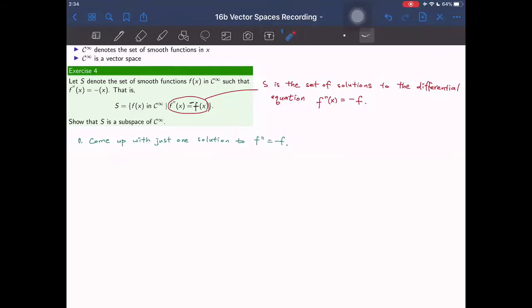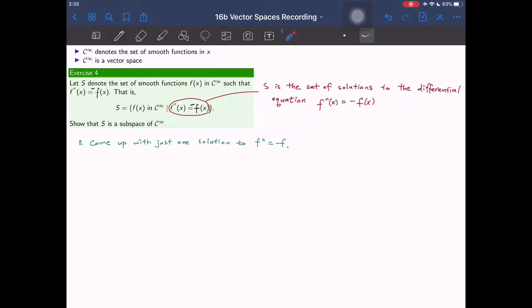Note that the definition of S is saying that S is just the set of solutions to the differential equation second derivative of f is equal to the negative of f. So to show that S is non-empty, we just need to come up with one solution to this differential equation. Recall that the function sine of x is smooth. All higher derivatives of sine of x exist.